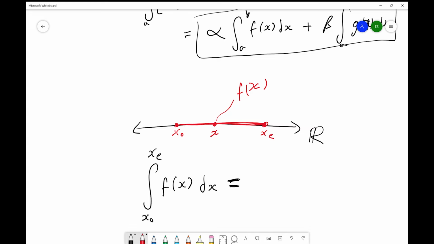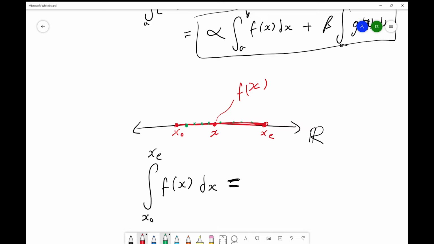There are 2 ways to get this integral. One way is to take an infinite amount of points between x0 and xe, multiply those points by the measure, which is delta x, take the sum, and take the limit of this infinite sum, and that's your integral.